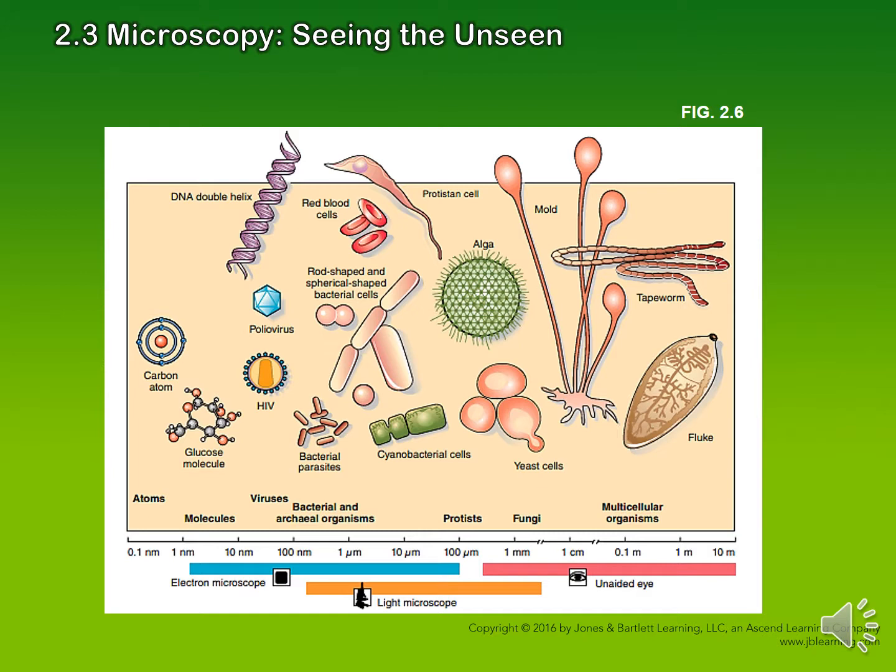Things that are very small, like the bacteria or some of the fungi or yeasts, those can be seen with a light microscope. Okay, and then those things that can only be seen with an electron microscope, like typical viruses or sometimes some molecules themselves, you're going to need an electron microscope to be able to see those.